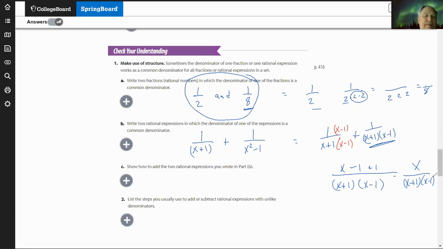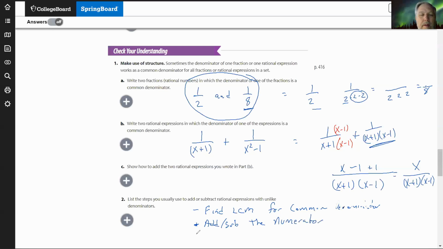So just to write these out: find the least common multiple for the denominator, then add or subtract the numerators, and then of course simplify.